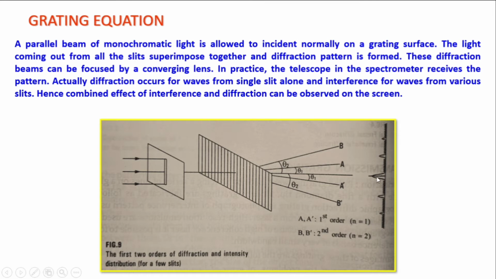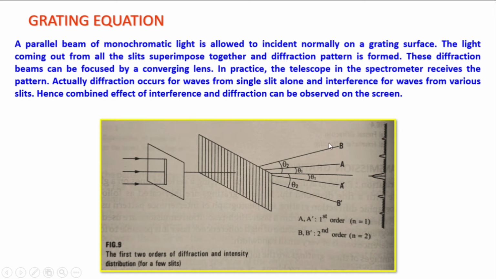Here we can see the diffraction pattern. There is a central maximum here, called the zeroth order principal maxima. On either side of the central maxima, we can see the first order principal maxima and second order principal maxima.